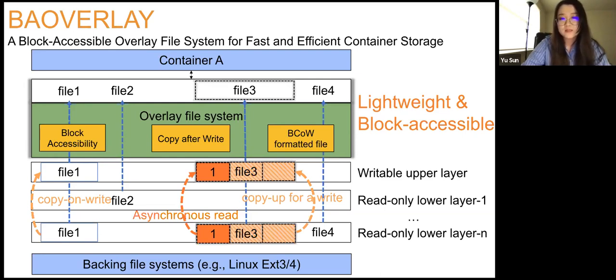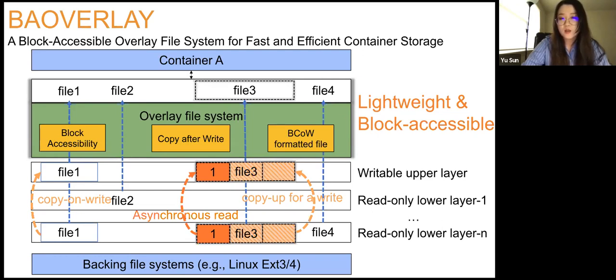As we can see in this figure, when we write the orange dash part of file 3, we write the orange dash part in the upper layer directly. Then we conduct the slow and asynchronous read later, which reads the orange part 1 from the lower layer asynchronously.